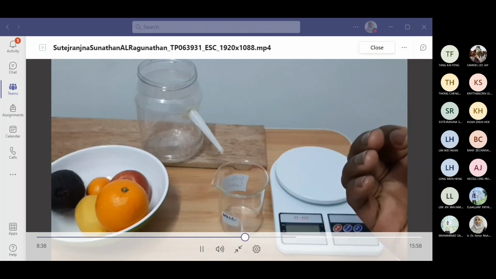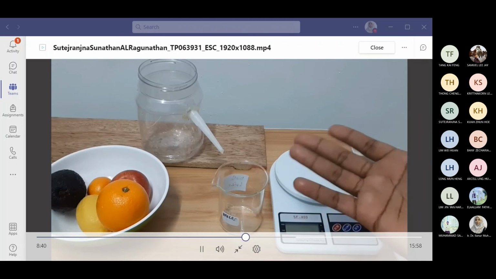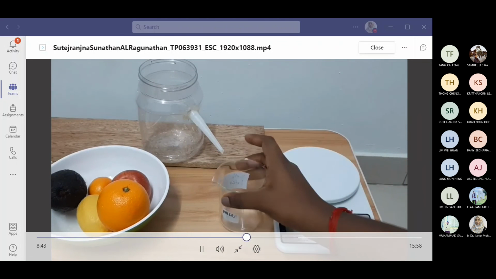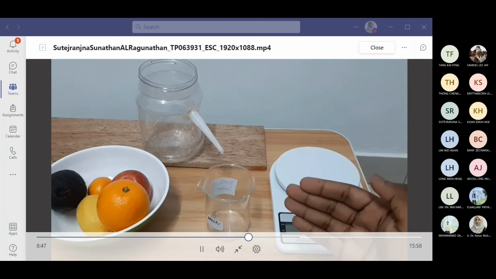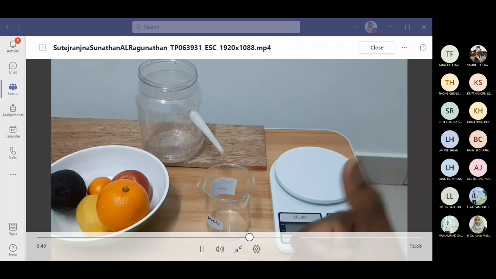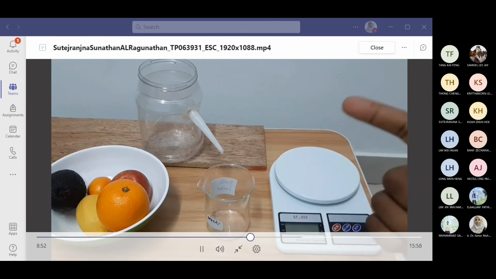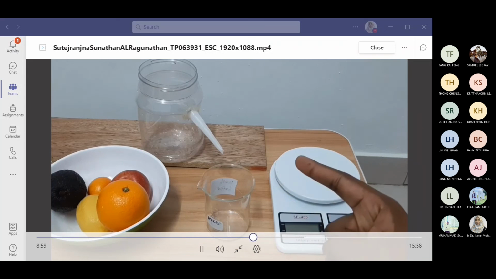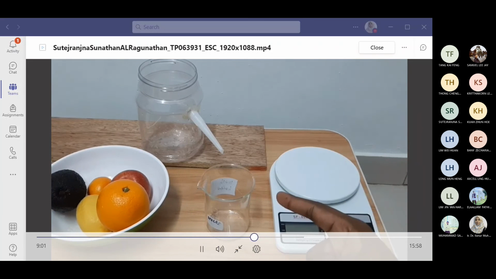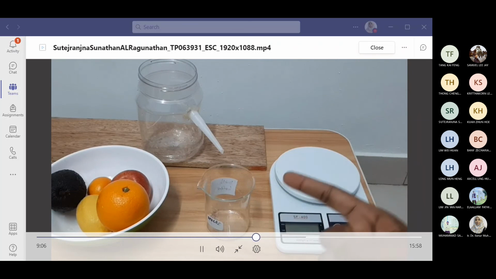But since we have to collect the fluid using a beaker, the total weight is going to be weight of beaker plus weight of fluid displaced, and hence it is important that we minus off the weight of the beaker at the end of the experiment. So in order to do that, we must find out what is the weight of the beaker at the beginning of the experiment itself.